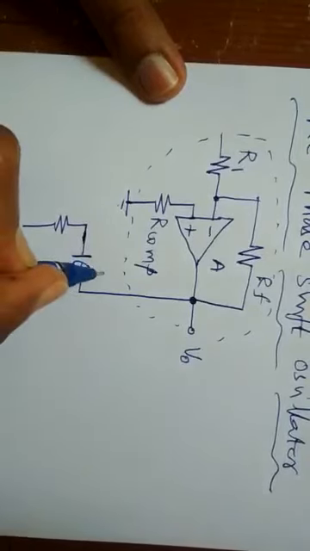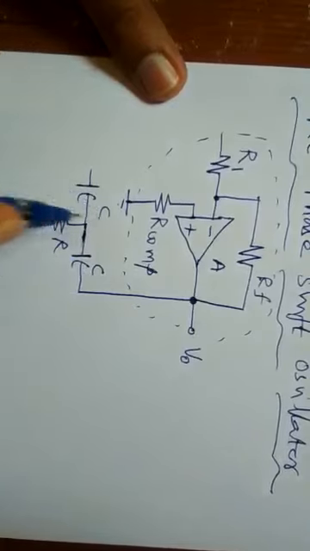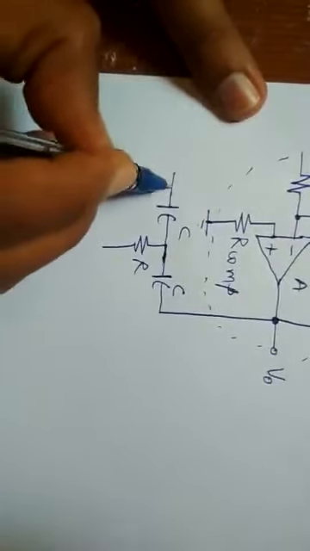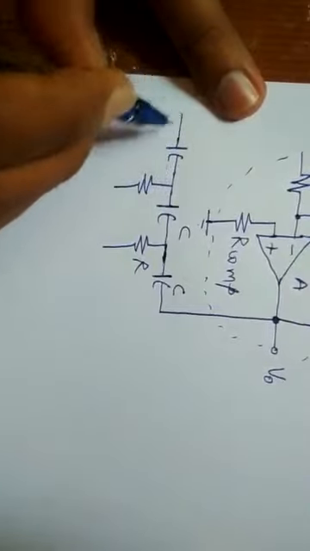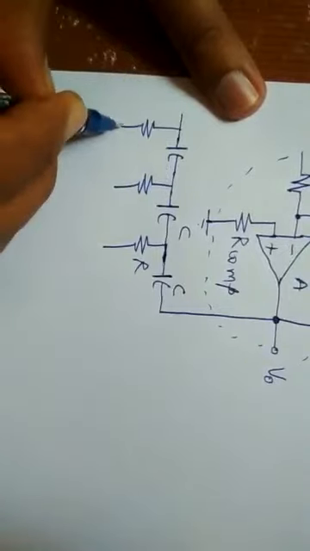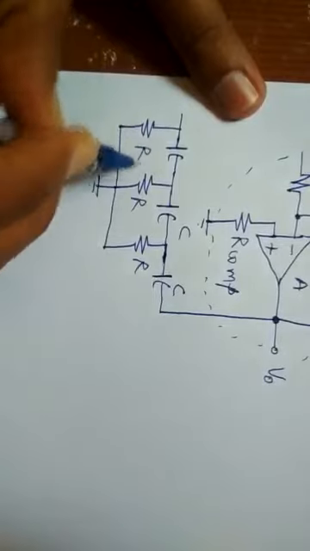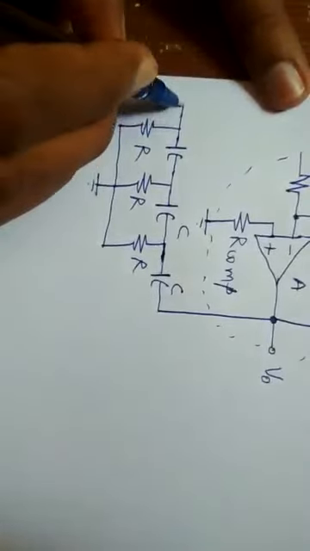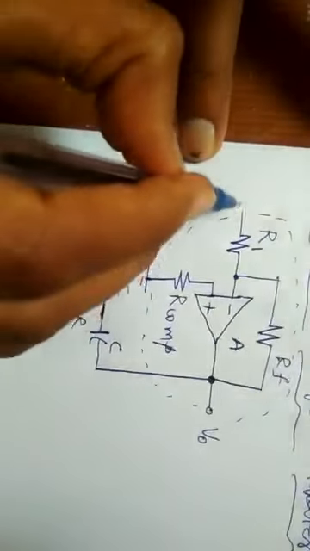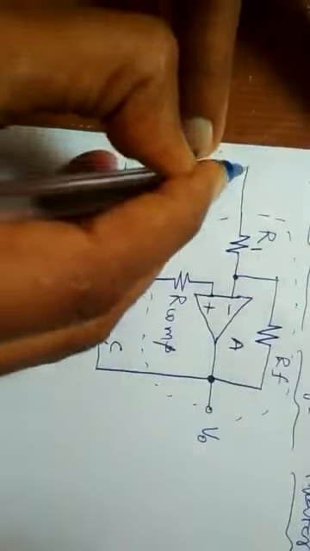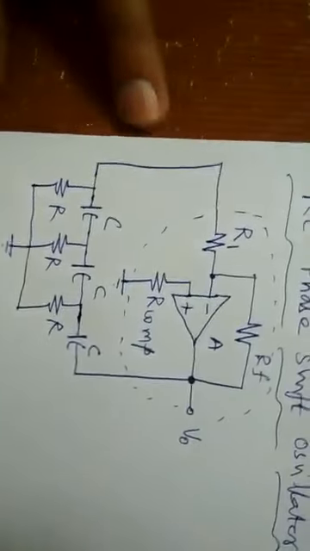Drawing one RC pair, C R, the second one C R, and the final one C and R. So all the resistors must be grounded, and the output of the 3 RC pairs are again connected to the input side of the amplifier. Now the total circuit of the RC phase shift oscillator is ready.